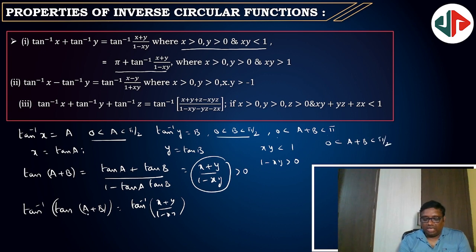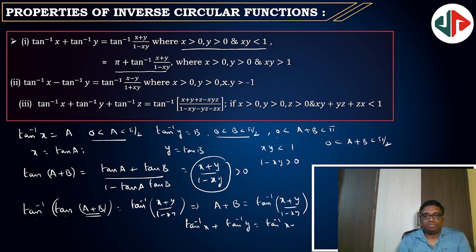So clearly a plus b lies between 0 to pi by 2, and then tan inverse of tan x is always equal to x. So that is why a plus b is always equal to tan inverse of x plus y by 1 minus xy. So a plus b means what? Tan inverse of x plus tan inverse of y is always equal to tan inverse of x plus y by 1 minus xy.